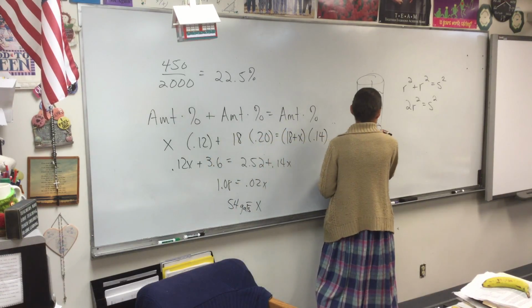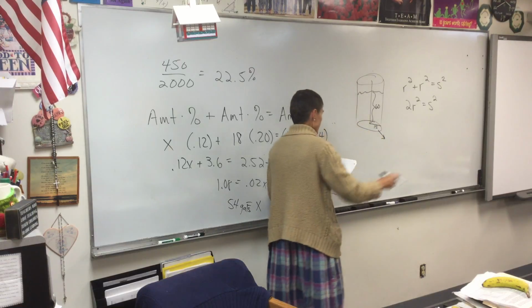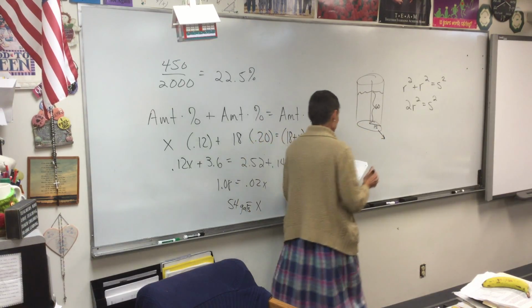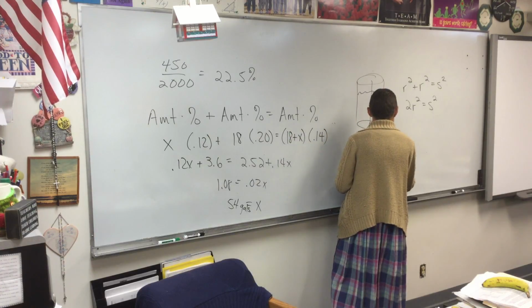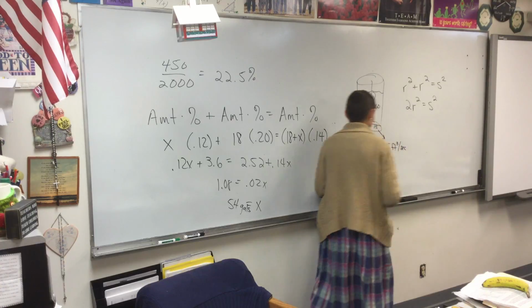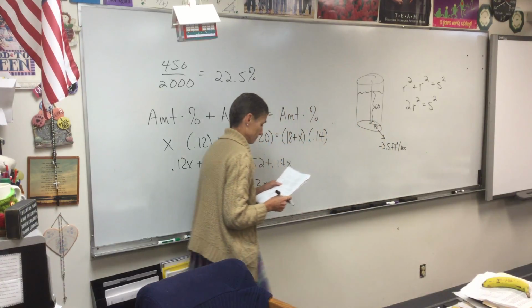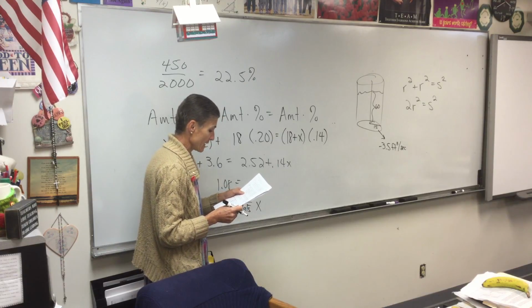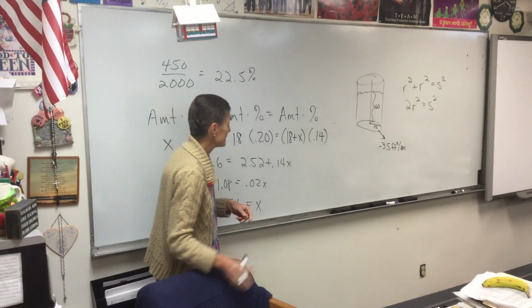Okay, so somebody's opened it up down here. There's a faucet or something. Somebody's opened it up. And it's draining at 3.5 cubic feet per second. So it's coming out. Write an equation for the volume of gas in the tank after t seconds.